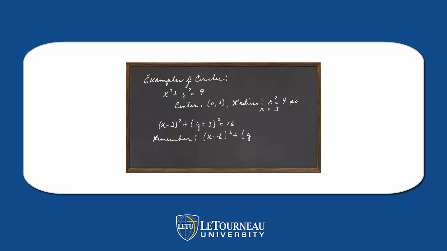Now, remember, (x minus h) squared plus (y minus k) squared equals r squared. Standard form. So x minus h has to equal x minus 2, so h equals 2. y plus 3 equals y minus k, so k is minus 3. The center then is at (2, negative 3), and the radius will be the square root of 16, or 4.